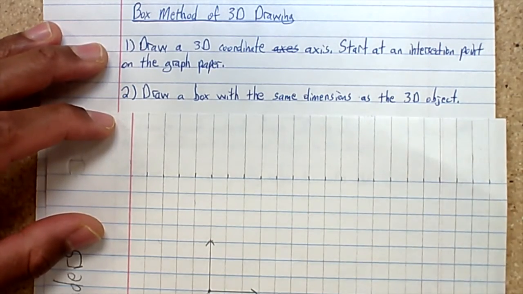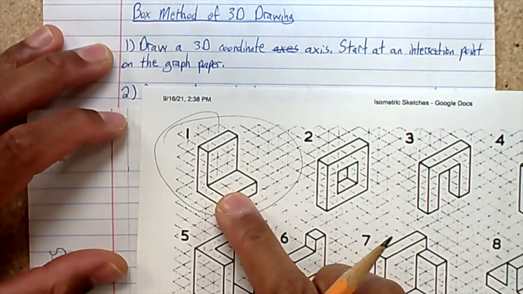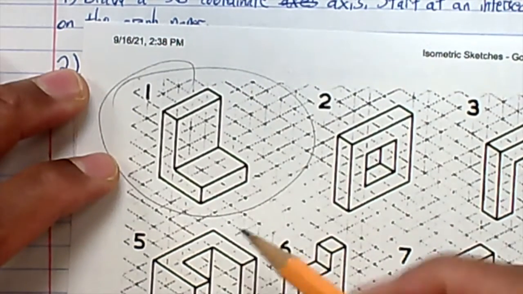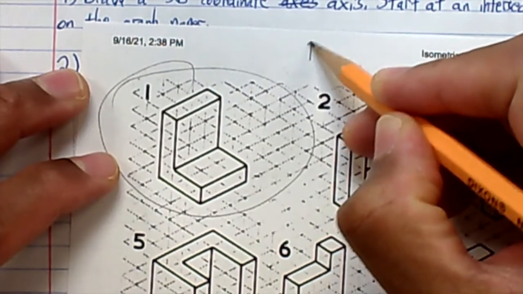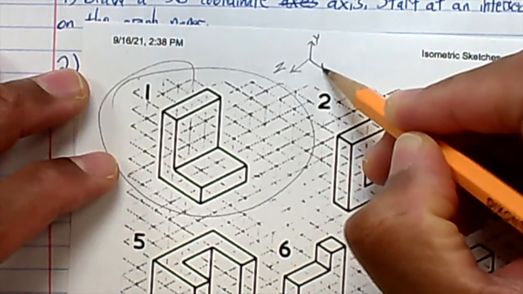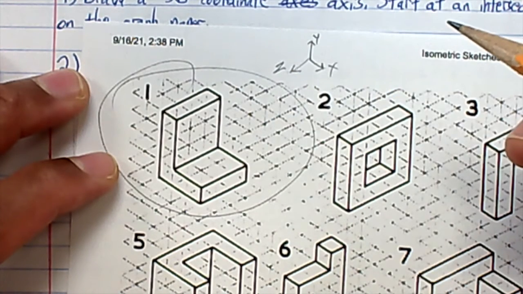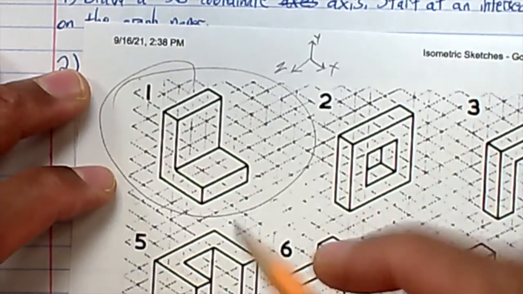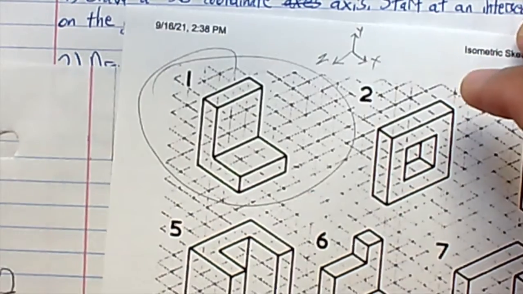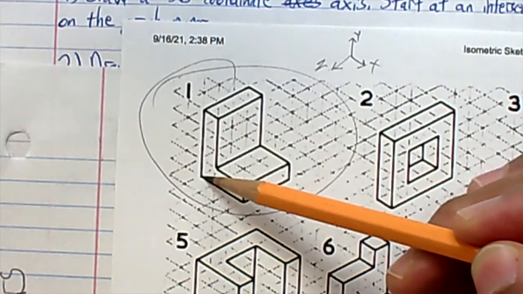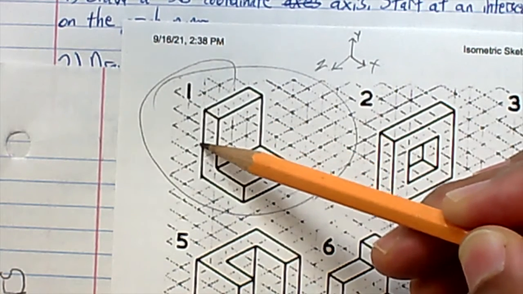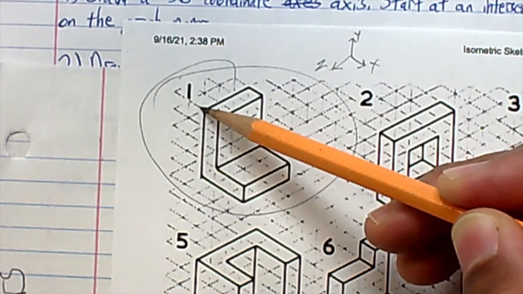So first we need to find the dimensions of the 3D object. I'm going to zoom in here, and on the ISO paper, this is Y, this is what we're calling Z, and this is what we're calling X. Okay, so let's look at it. In the Y direction, from the bottom to the top, we've got 1, 2, 3, 4 boxes high.